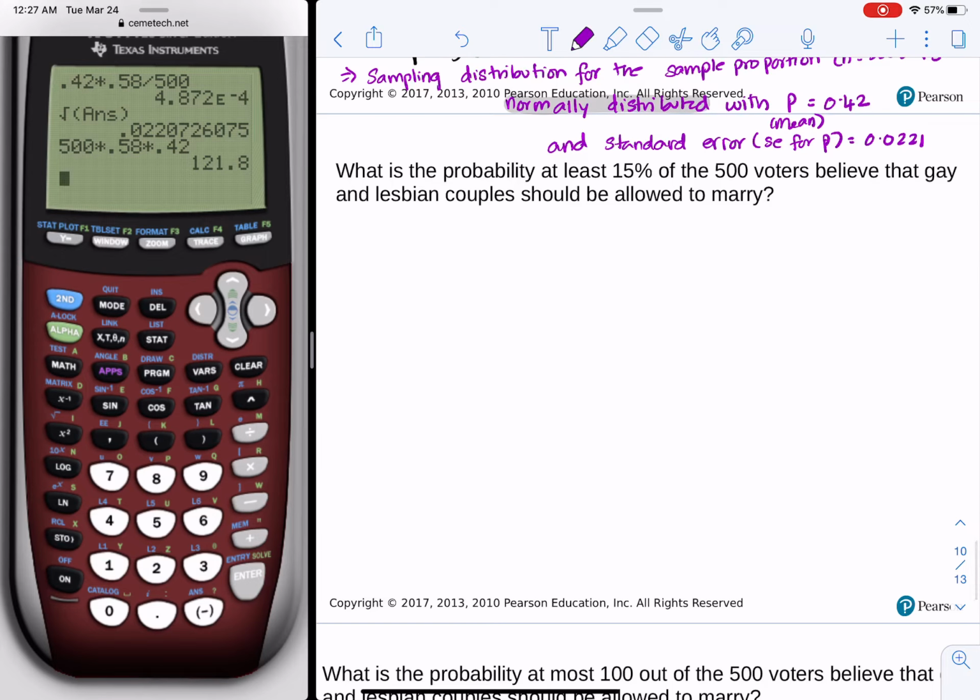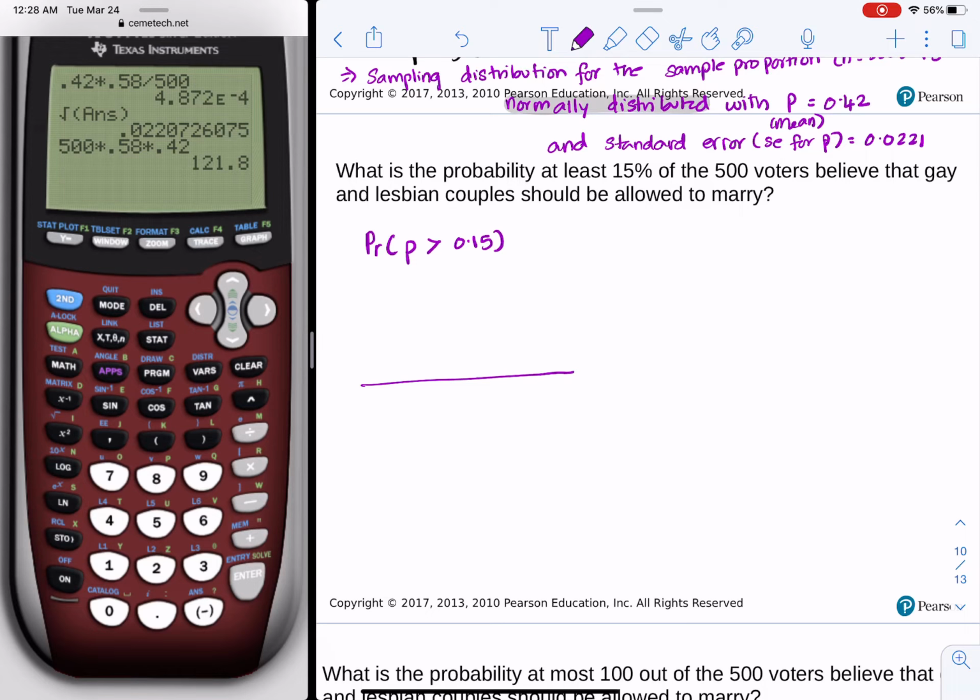So we want to know the probability that at least 15% of the 500 voters believe that gay and lesbian couples should be allowed to marry. In other words, we want to find the probability p is greater than 0.15, which is 15%.